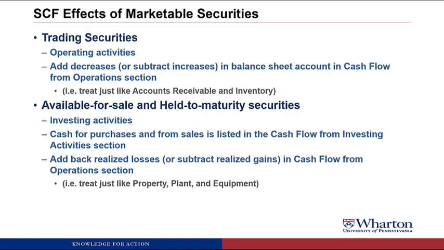We have to add back realized losses or subtract realized gains in the cash from operations section because those will affect net income, but we want the cash flow to be reflected in investing, so we have to pull them out. So it's treated just like property, plant, and equipment. All the transactions that we did for property, plant, and equipment and how they showed up in the cash flow statement will also work like that for available for sale and for held to maturity.